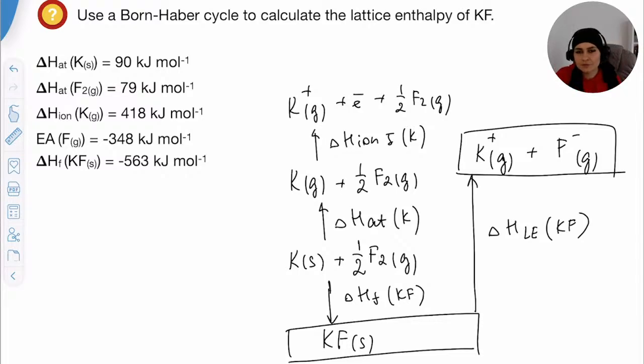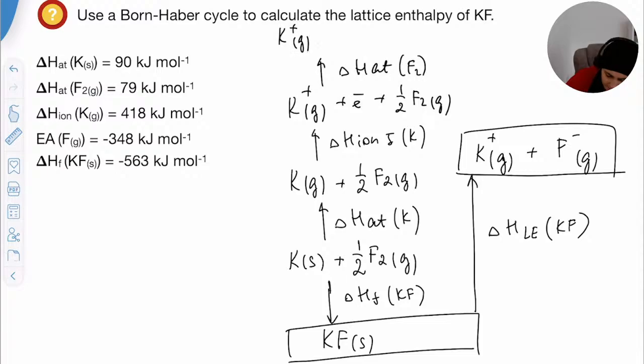Then I need to work with fluorine, so I need to atomize fluorine. So atomizing fluorine, potassium stays. I'm forming 1 mole of F gas atoms, and it is balanced, right? Because I'm forming 1/2 of F2 gas, it's 1 fluorine, and here I have 1 fluorine.